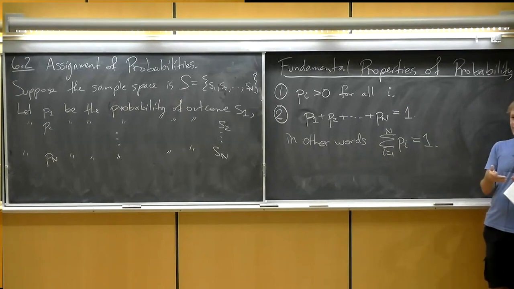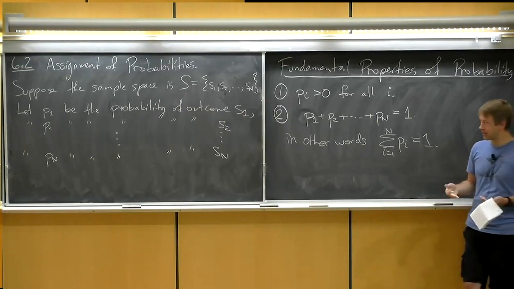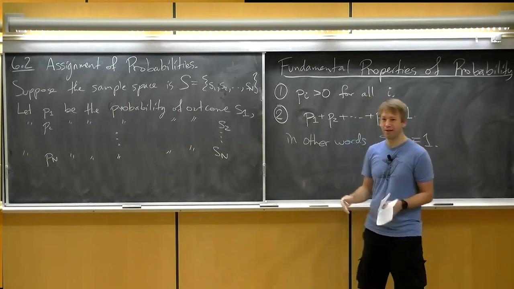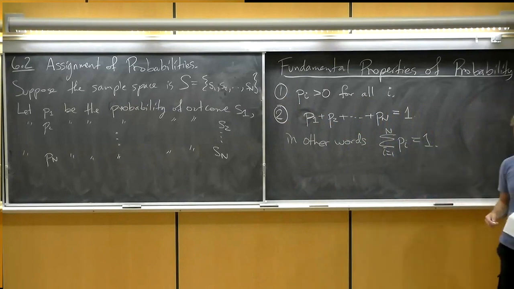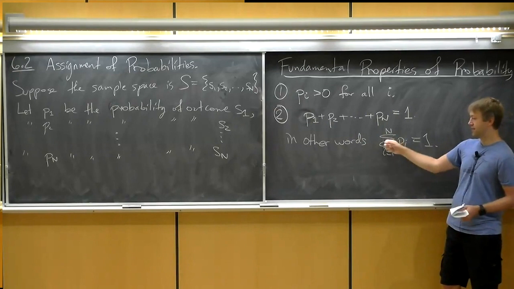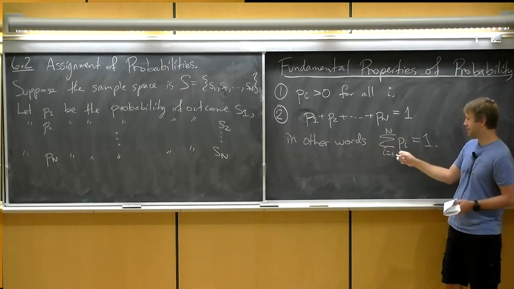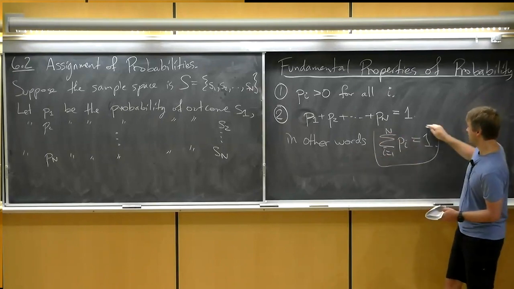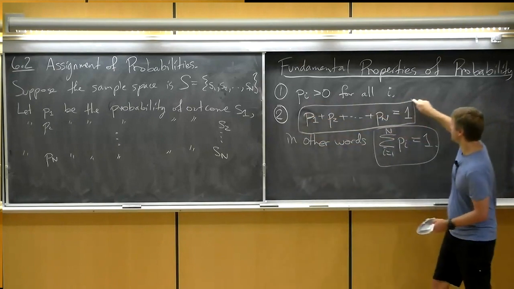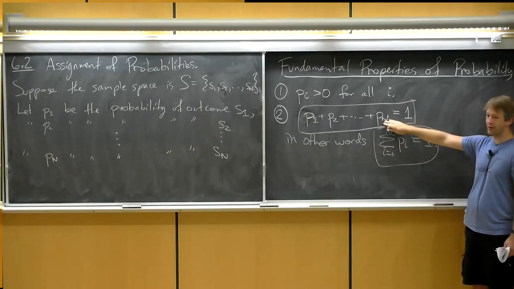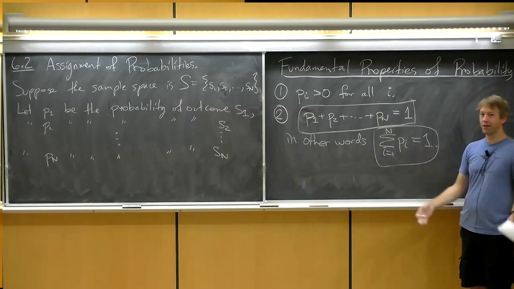If they added up to something less than 1, that would also be weird, because that would say with some probability none of the outcomes happen, and that wouldn't make any sense. The summation notation is just summing up the values from 1 up to n, so it says exactly the same as adding up the numbers. You don't really need to worry about this notation. If this is more clear to you, then that's what we're talking about: adding up the numbers, it should equal 1.